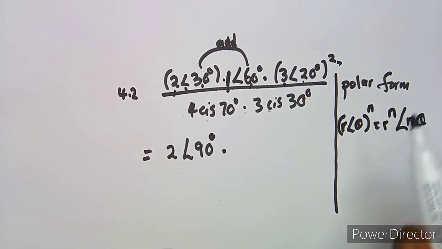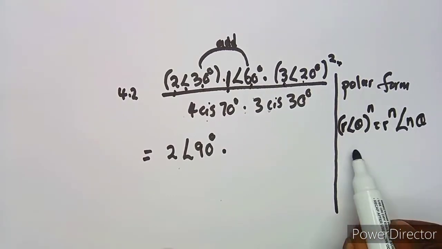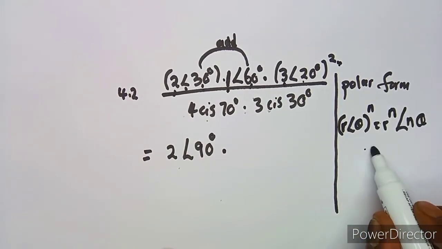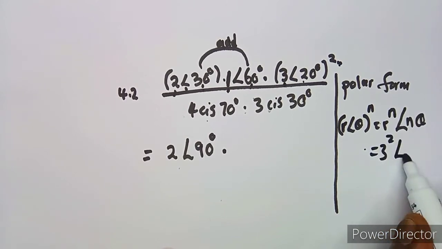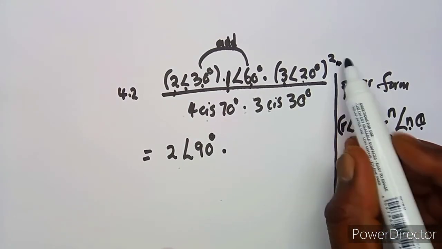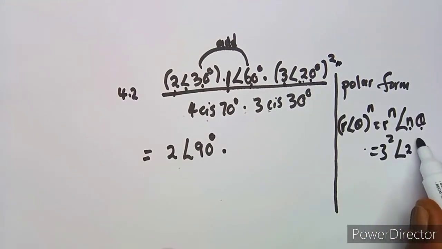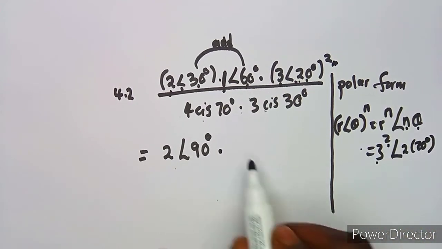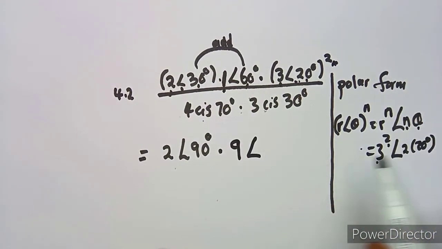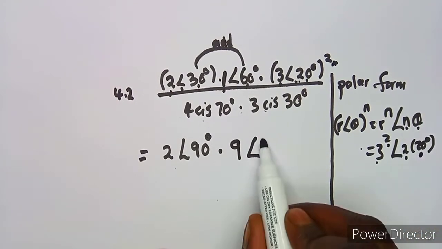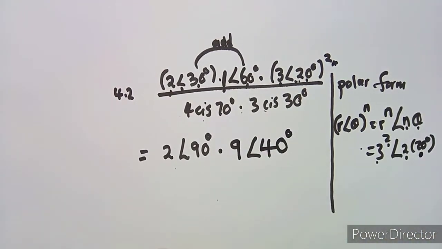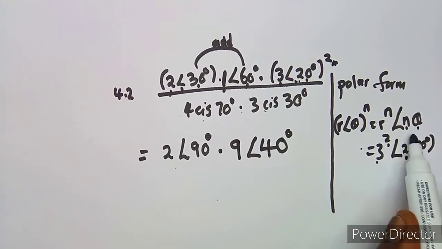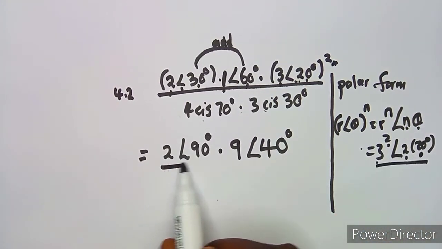So you raise 3 to the exponent of 2, and n theta, our n is the exponent, so it's 2 times 20, like that. So 3 to the exponent of 2 is 9, and 2 times 20 gives us 40 degrees. So as you can see, it's a direct concept, actually.